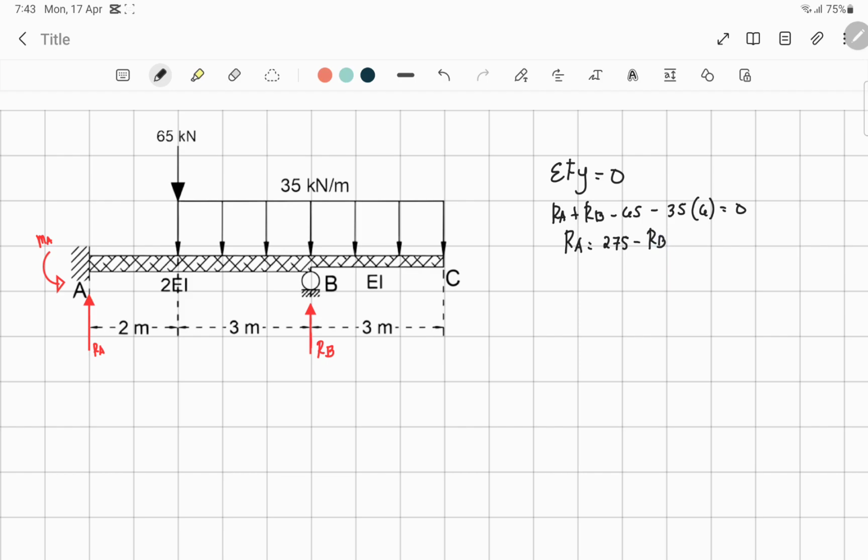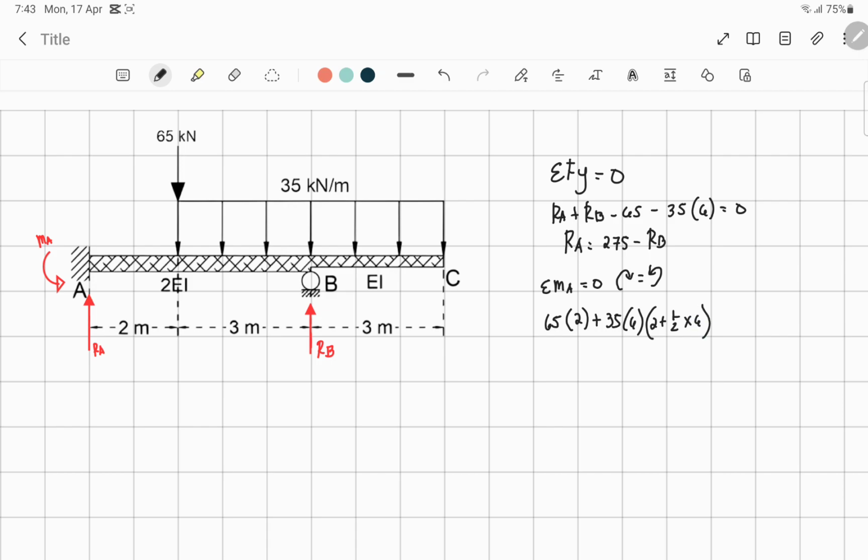And then for the moment at A, I can use the summation of moments at point A. Clockwise is equal to counterclockwise. We have this first, itong concentrated load na clockwise, 65 times 2, moment arm niya na 2. And then our uniformly distributed load, 35 times 6. And then from point A, we have 2 plus half of 6.